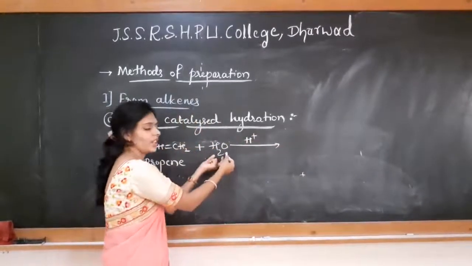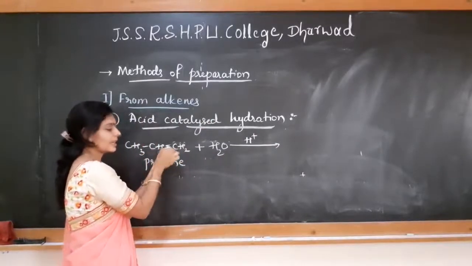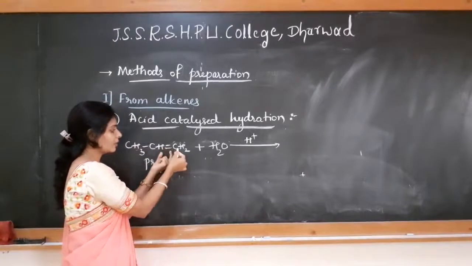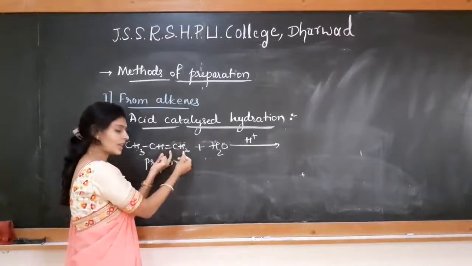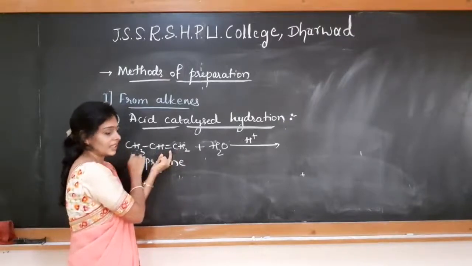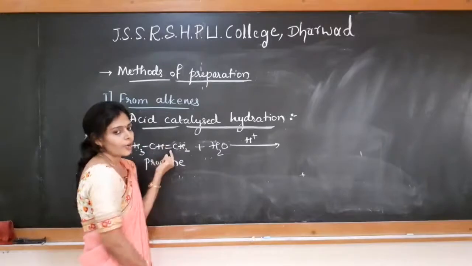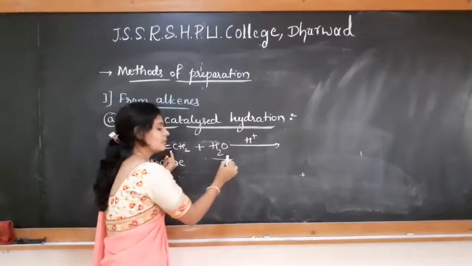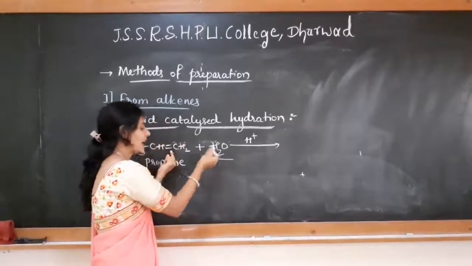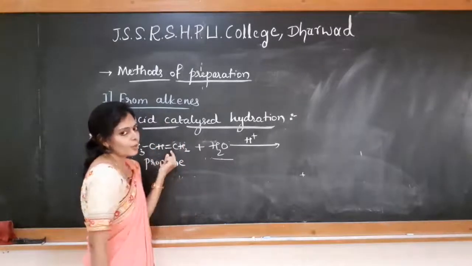Here again H and OH add across the double bond. But see, this is an unsymmetrical alkene. Across the double bond, on one side we have one carbon, on the other side we have two carbon atoms. So that's why it is an unsymmetrical alkene. In this case the addition takes place according to Markovnikov's rule. When any unsymmetrical molecule is added across an unsymmetrical alkene, we have to follow Markovnikov's rule.